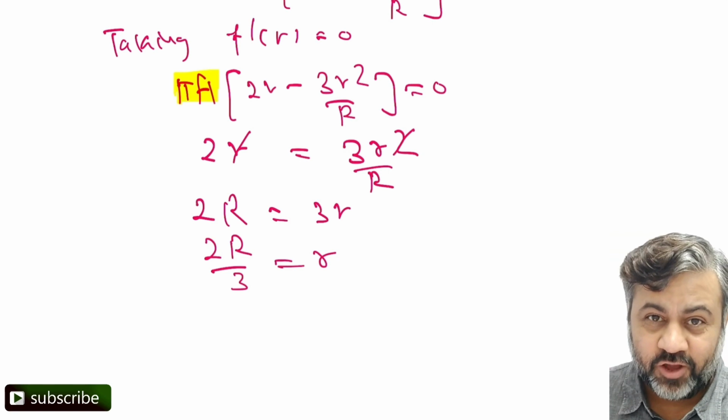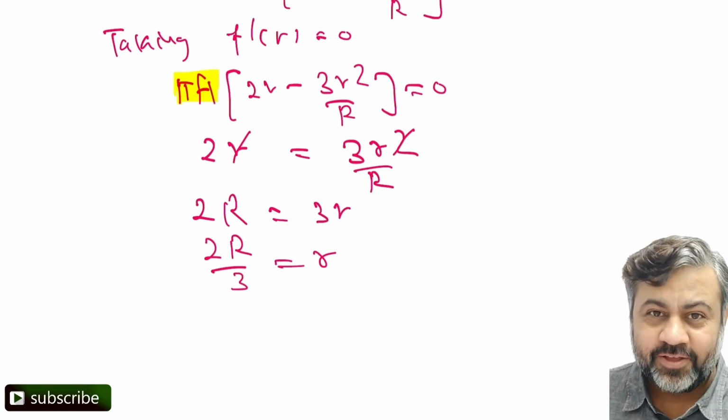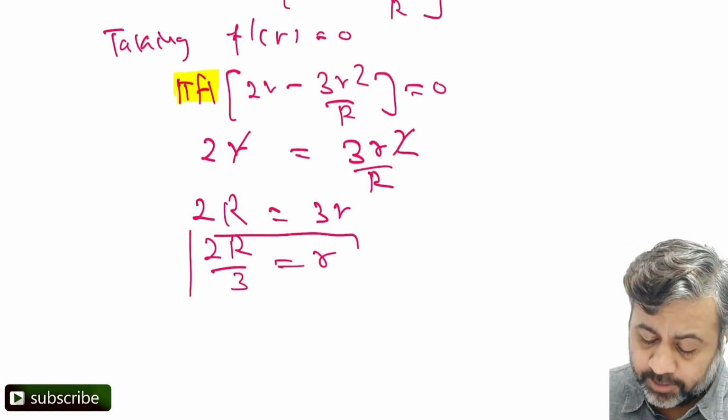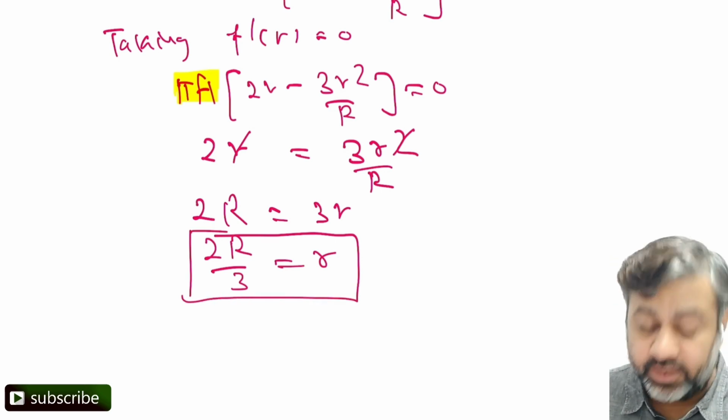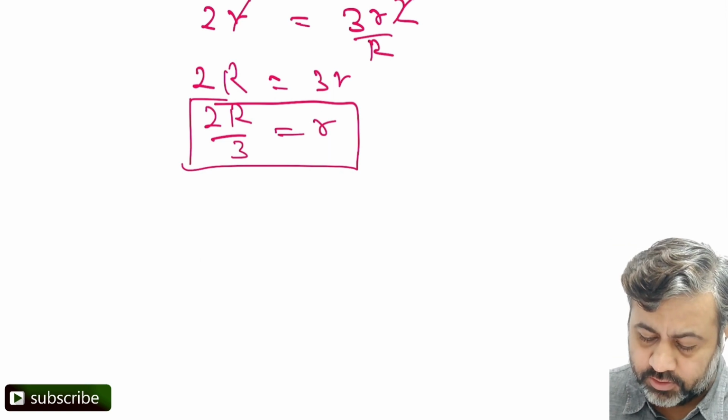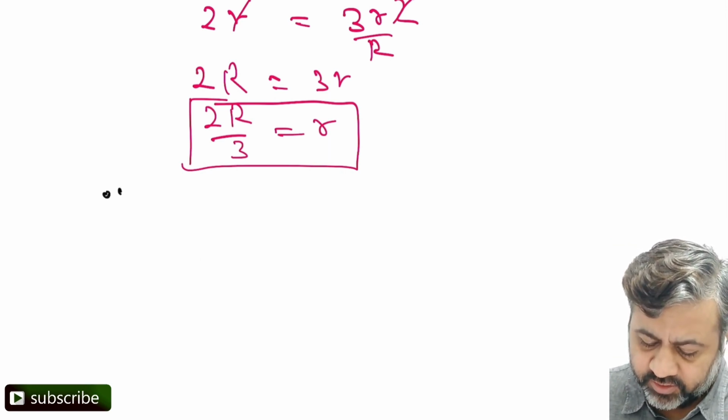Now the question could have been this also: prove that the radius of the cylinder is 2/3 of the radius of the cone. But that's not what we want to prove. So I'll substitute this value in the double derivative and check whether it is negative or positive. What is the double derivative?